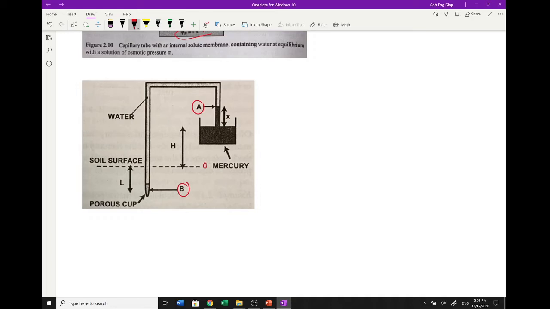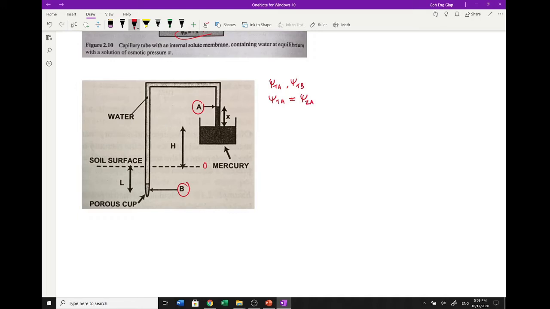So we want to derive an equation for this. We must find the total potential for point A, and then equate it to point B. So let us find out the potential components for point A. For point A, we can take into account the gravitational potential.